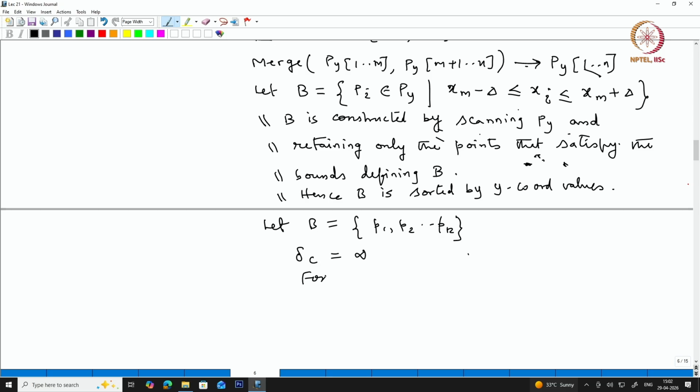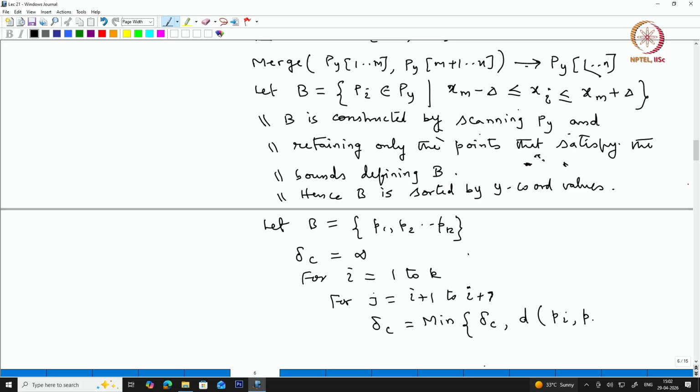For i equals 1 to k, for j equals i plus 1 to i plus 7, delta C equals the minimum of delta C and the distance between Pi and Pj.